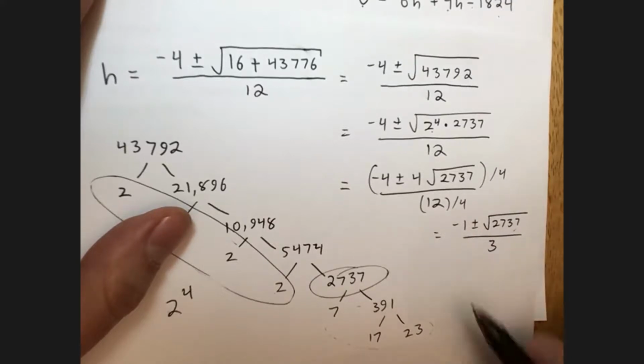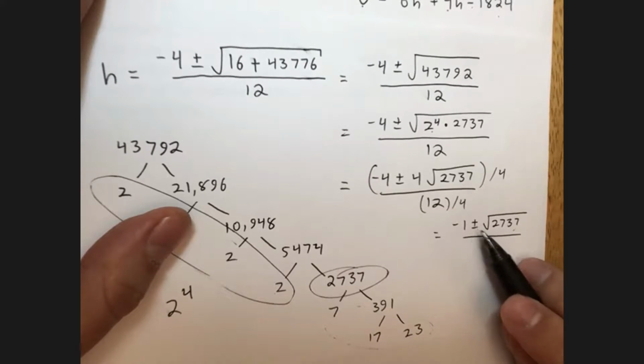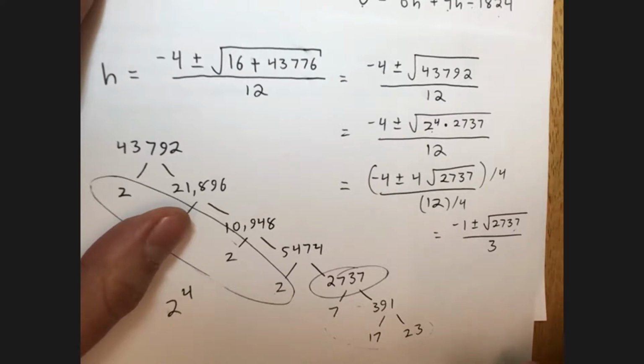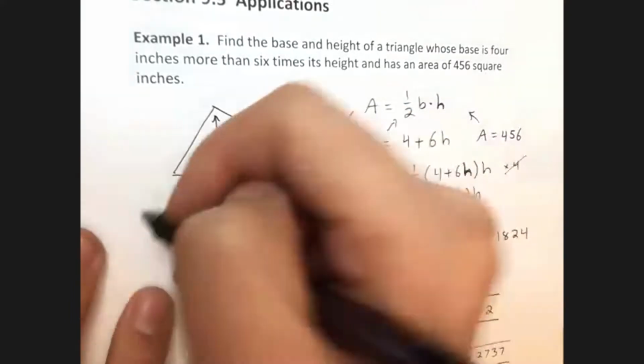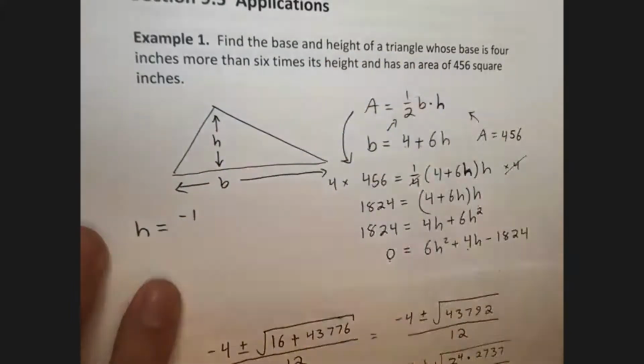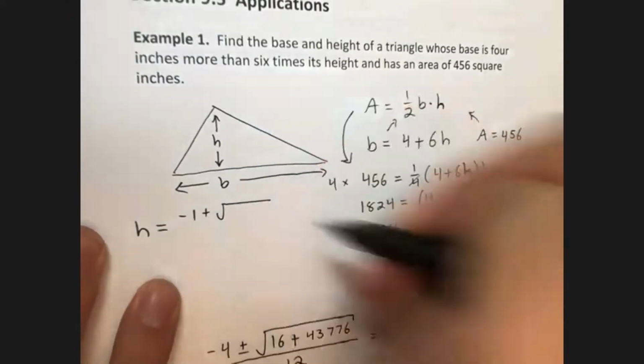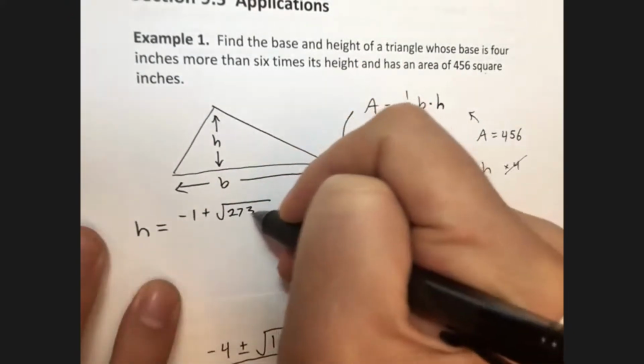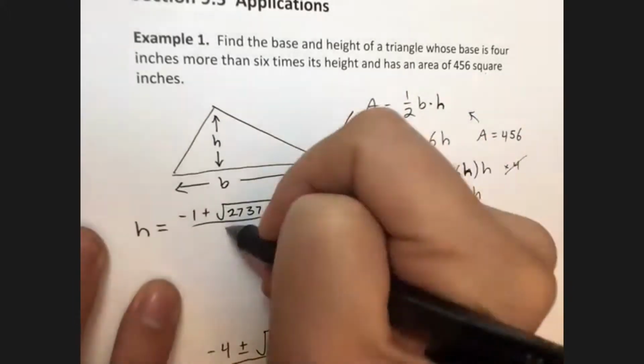Only the one where I'm adding the root 2737. The other one gives me a negative height, and that's not possible. So the height is only one of those 2 solutions. The only one that makes sense is -1 plus root 2737 over 3.